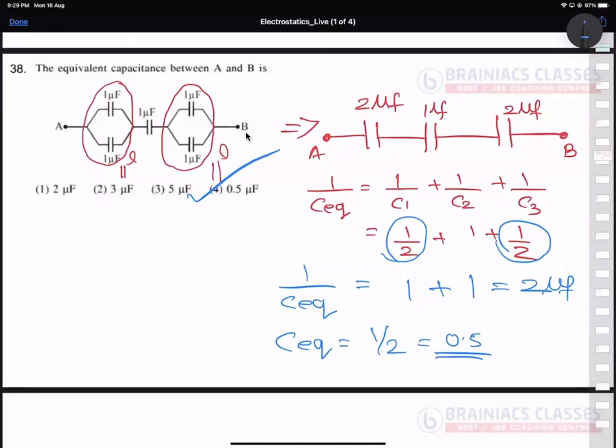So that is the brilliance of the examiner. Examiner will do such things to get the quick answer from your side. So it's not 2 microfarad, it is 1 by 2, which is 0.5 microfarad.